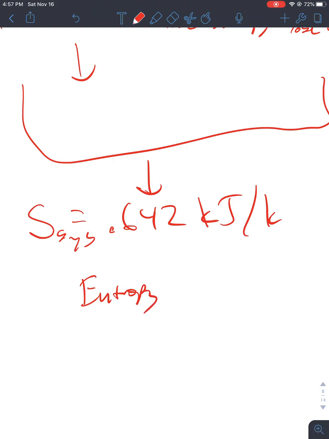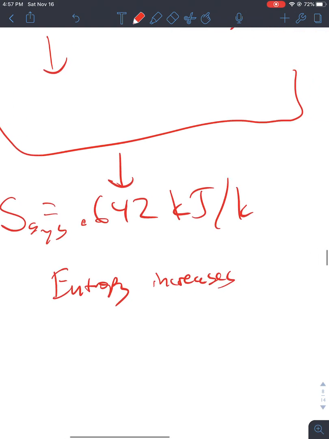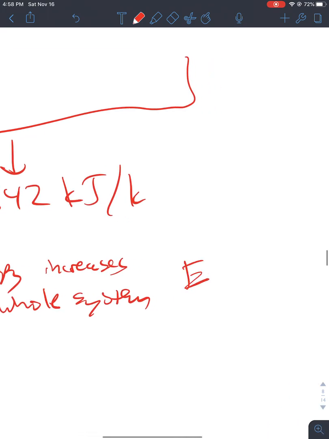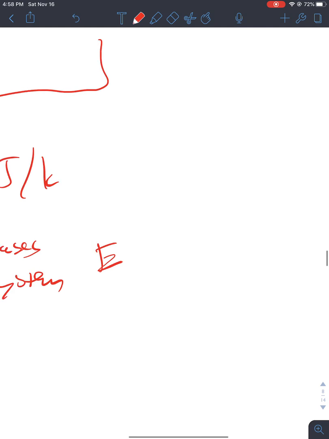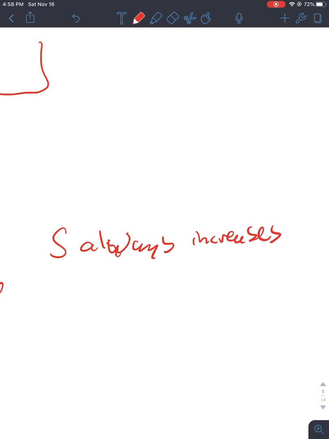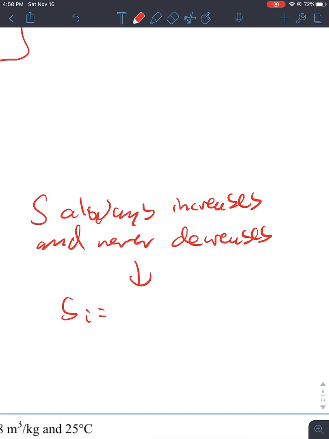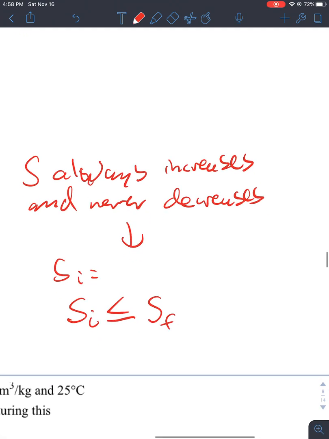Entropy increases in the whole system, which makes sense because entropy always increases and never decreases, or it could stay the same. So S initial is always less than or equal to the final entropy.